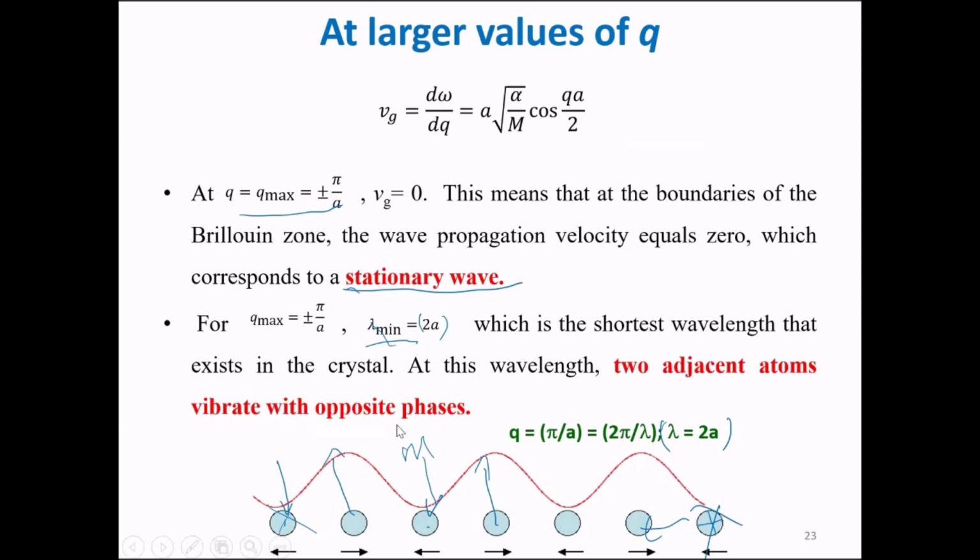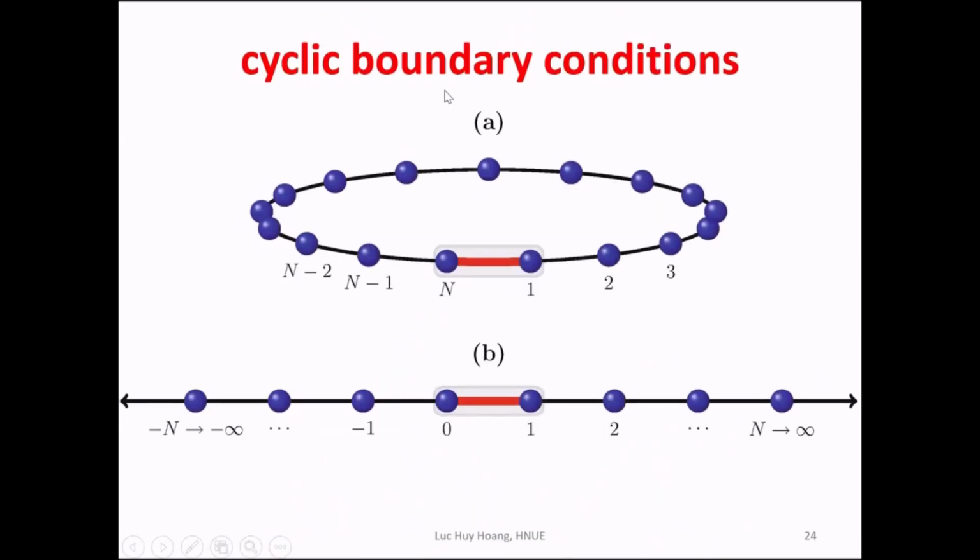So how can we apply this result to the real system, which is finite, not infinite? Okay, so next, we go with the cyclic boundary condition. This cyclic boundary condition assumes that the vibration of the M atom, okay, so the omega of the N atom, is similar to the vibration of the M plus N. N is the number of atoms in the finite system, not infinite.